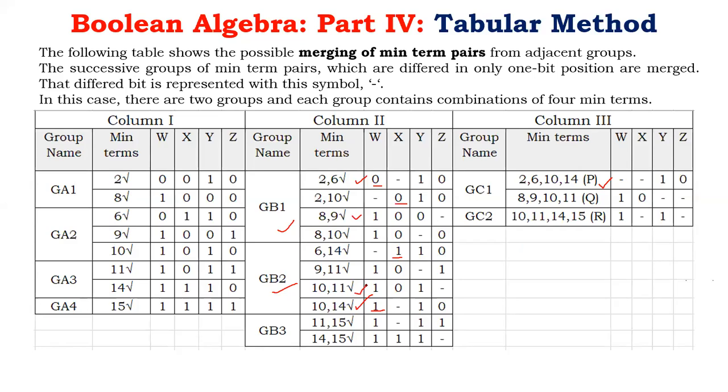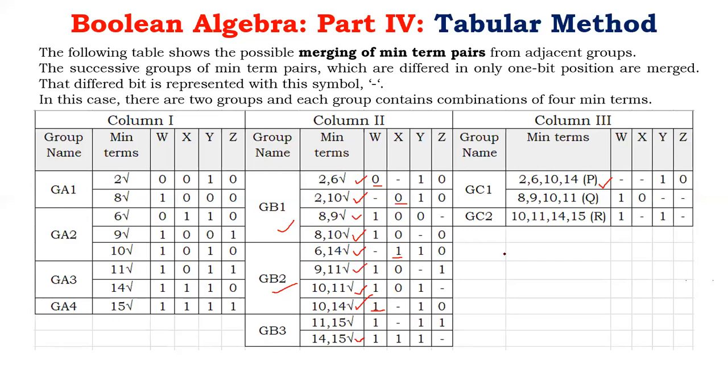So from here we see that all the min terms are used. 2 6, no problem, 10 is used, 8 9 is already used, 8 10 is already used, 6 14 is already used, 9 11 is already used. So all the elements are used from GB1 and GB2.